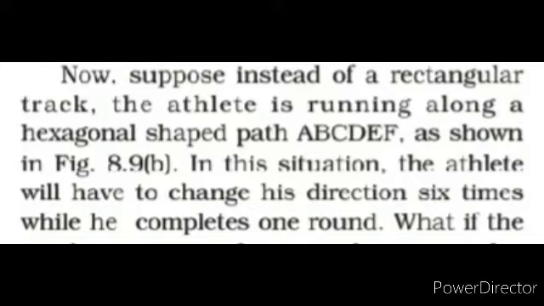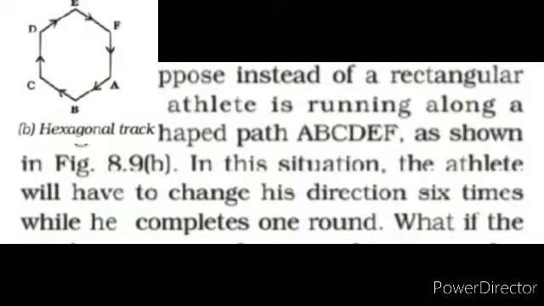Now suppose instead of a rectangular track, the athlete is running along the hexagonal shape A, B, C, D, E, F, as we are going to show you in figure 8.9b. In this situation, the athlete will have to change his direction 6 times while he completes one round.